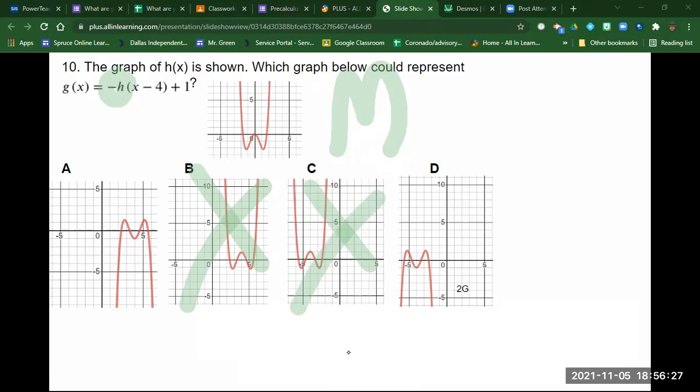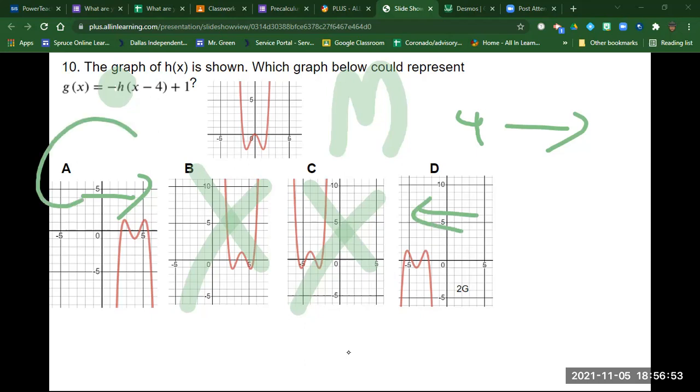And then I'm looking for it to be moved 4 units to the right. So 4 units that way. I'm expecting it to flip and go on that way. So here is our answer. Notice that this one goes that way. So the correct answer here is that. Let's keep going.